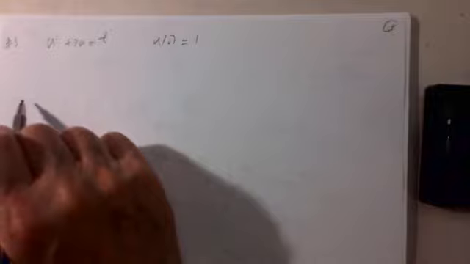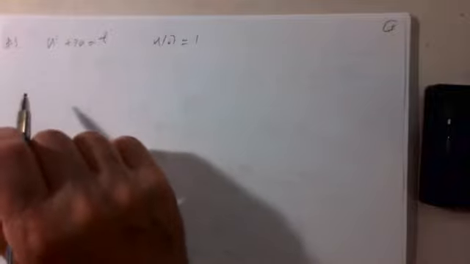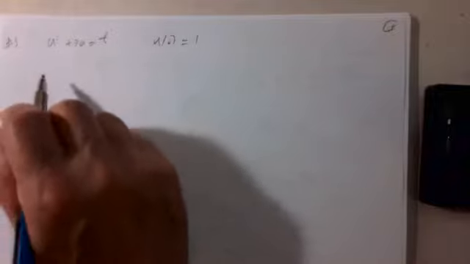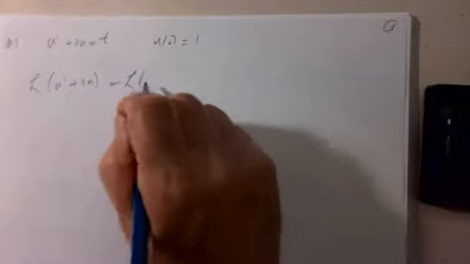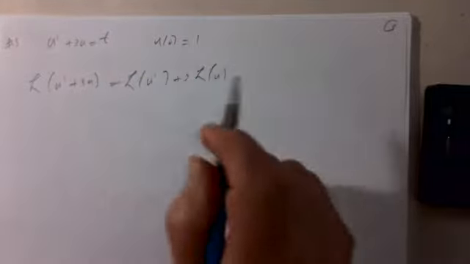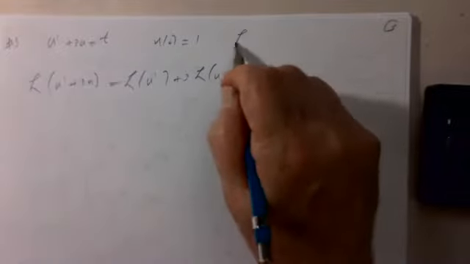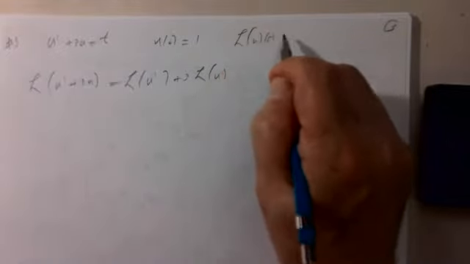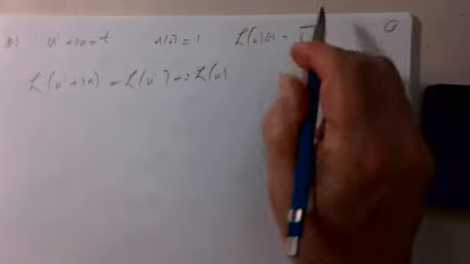So the Laplace transform of u prime plus 3u is the Laplace transform of u prime plus 3 times the Laplace transform of u. I write L of u of s to be just capital U of s.